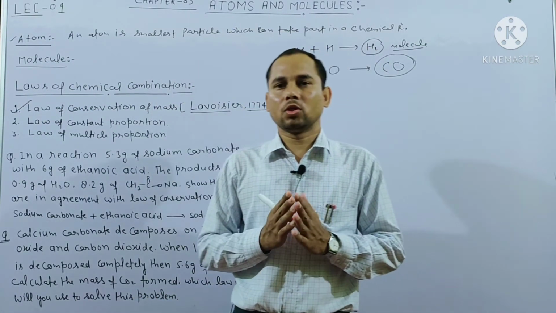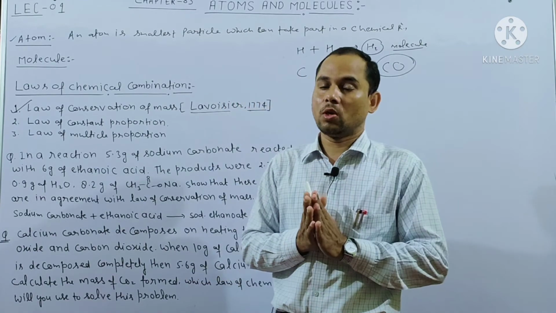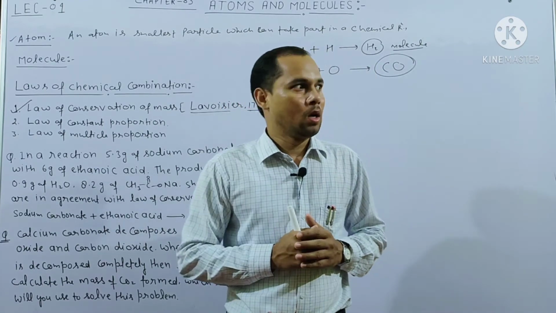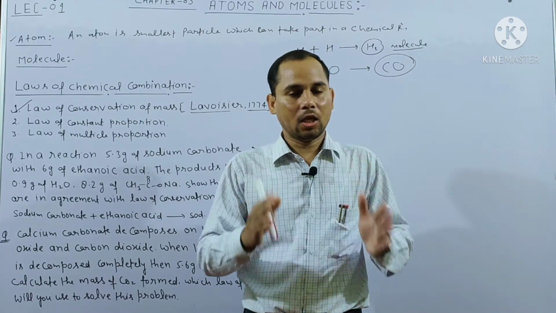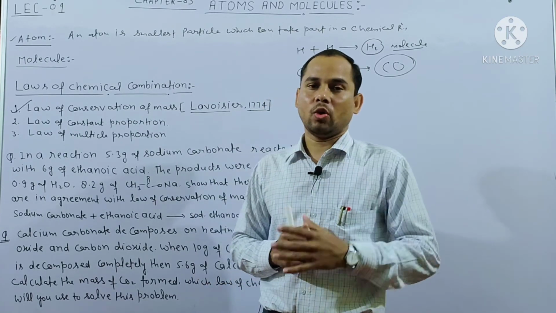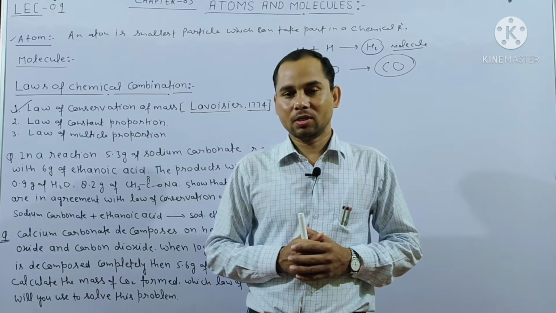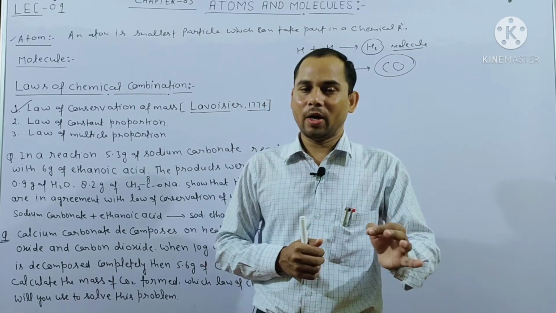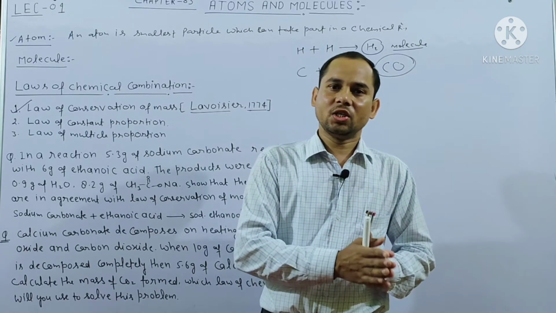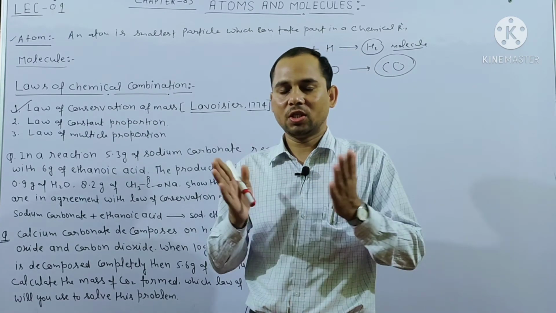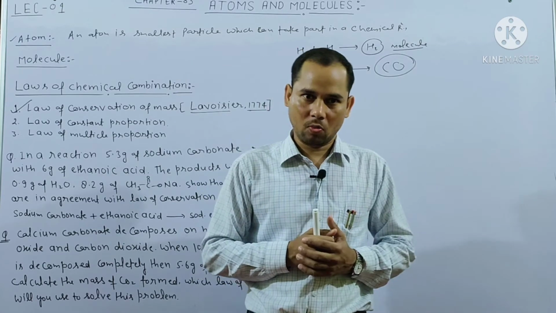The basic concept of the law of conservation of mass is that mass can neither be created nor be destroyed in a chemical reaction. It is only converted or transformed from one state to another state. This is known as the law of conservation of mass.